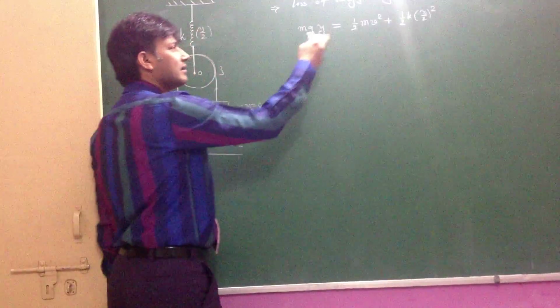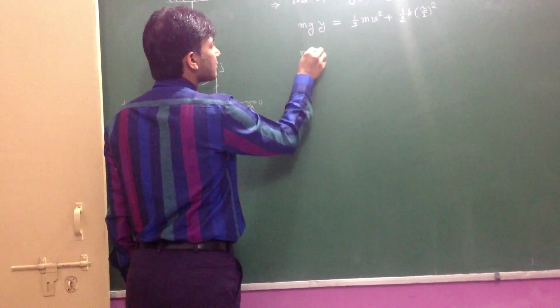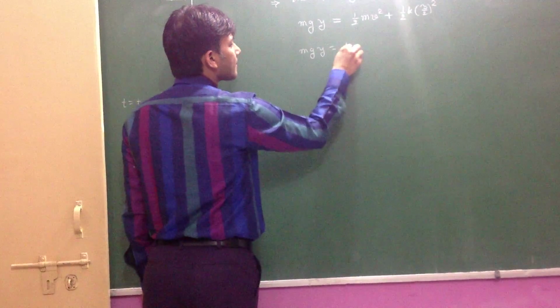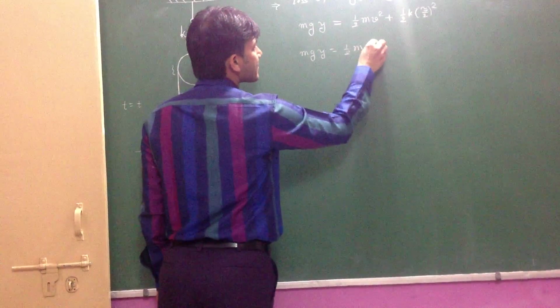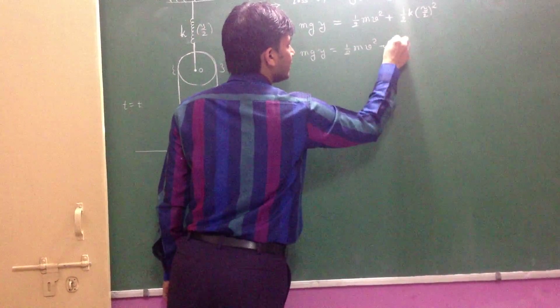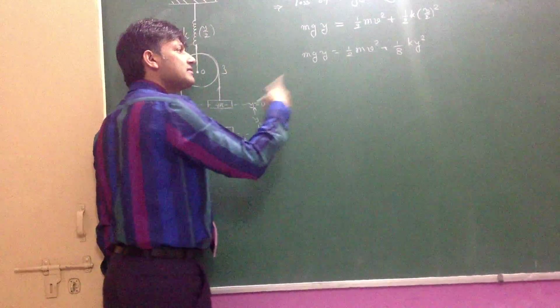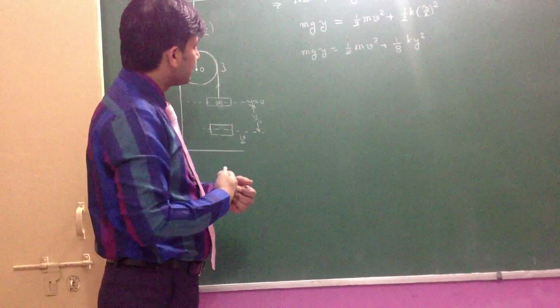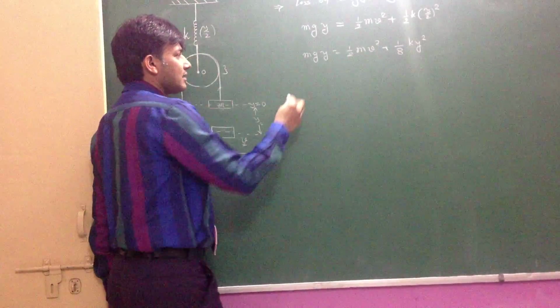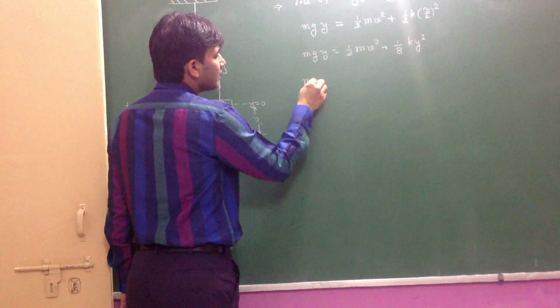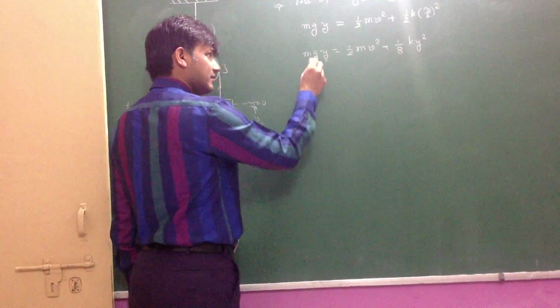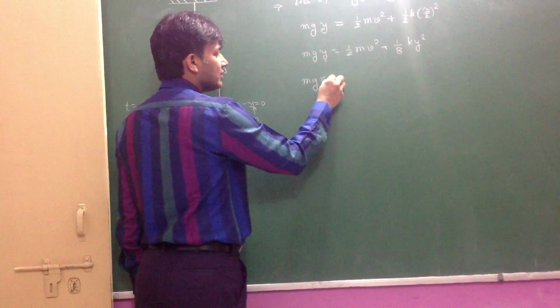Before differentiating, I will simplify this equation. mgy equals half m v square plus, since y by 2 squared is y square by 4, 1 by 8 k y square. Now I am differentiating this equation with respect to time to get the acceleration. The differentiation of the displacement will give you velocity.